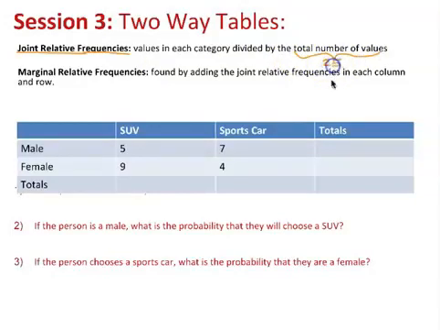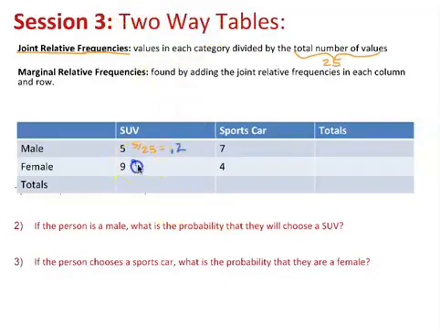The survey was asked of 25 people. So if we take 5 and divide it by 25, what do we get? We want to write joint relative frequencies as a decimal. So 5 divided by 25, we get 0.2. So there's one of our first joint relative frequencies, going to be 0.2. Let's change to blue so it's easier to see.